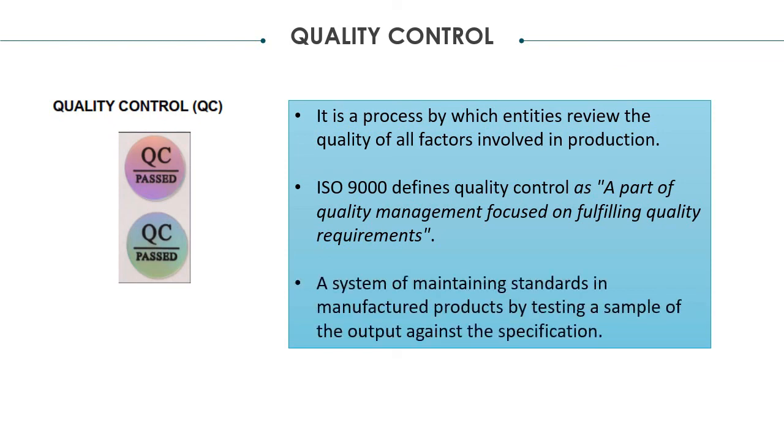A system of maintaining standards in manufactured products by testing a sample of output against the specification. So when you buy products, make sure it has these stickers, the QC, and of course ISO or ICC.